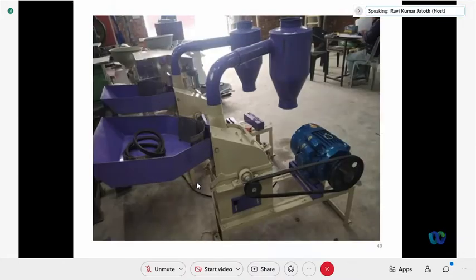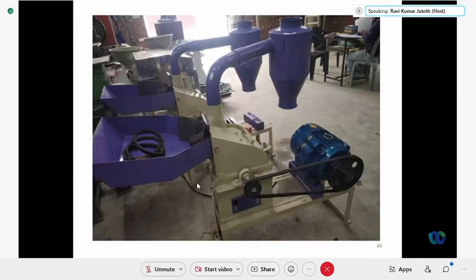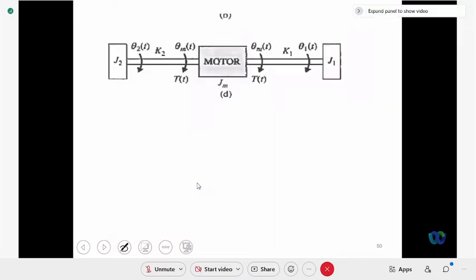So in this kind of situation, you have only one motor, but you have one shaft which is connected to multiple loads. This flour mill is for rice, this is for jowar, and this is for wheat. So many things are connected to one particular shaft, so that everything will be rotating at one particular moment. Now tell me which type of shaft it is.